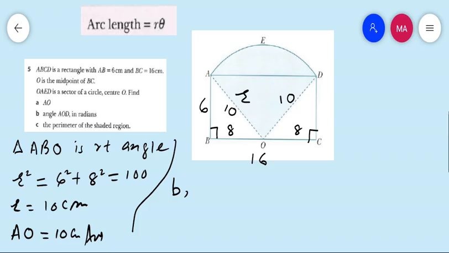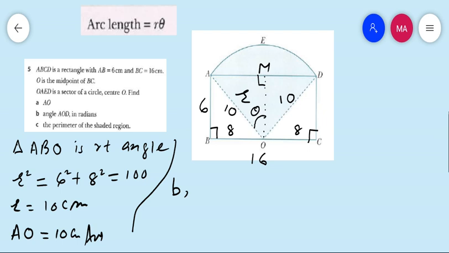So if we drop a perpendicular from O to AD and assign the name M, for example, this angle, we assign the name theta, and this angle is 90 degree.